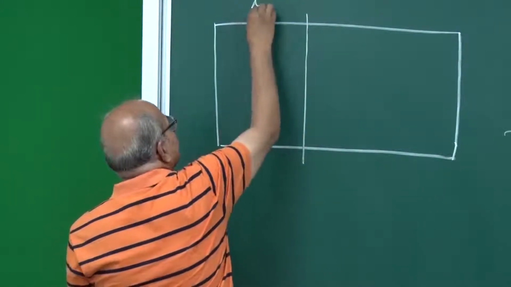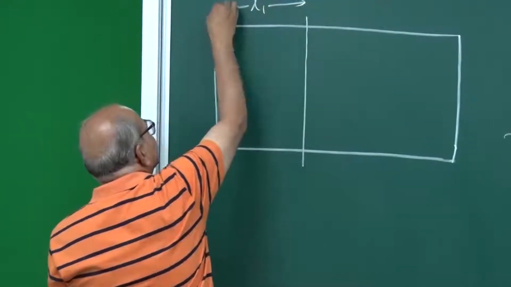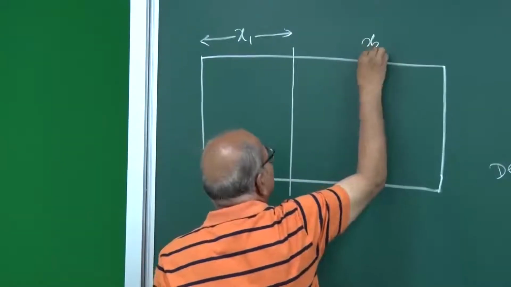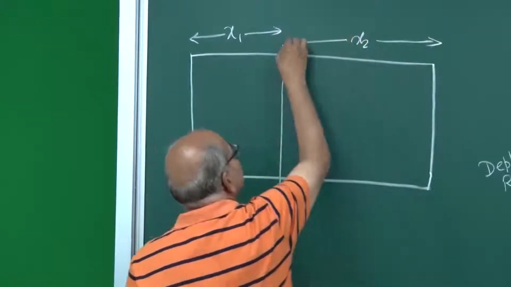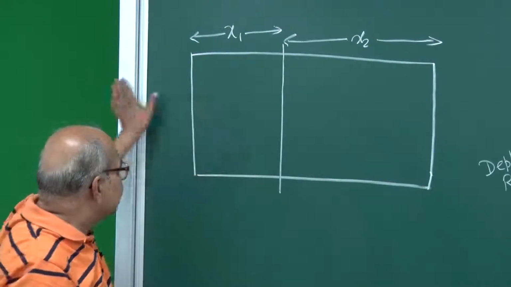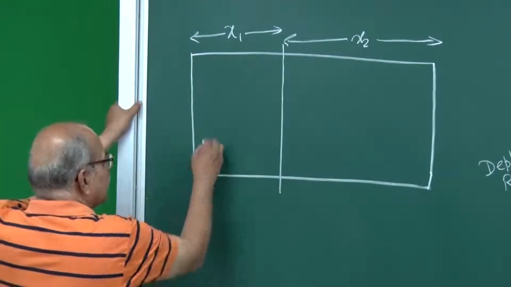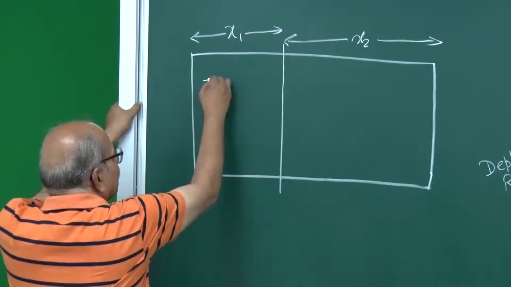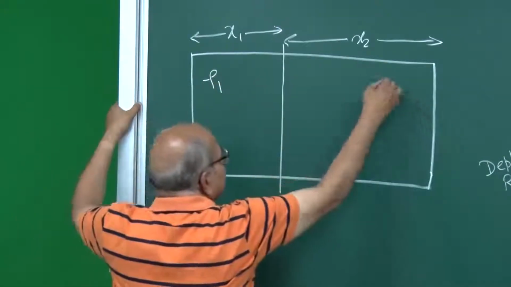So this is x1 and this is x2, and this is the junction. So up to here you have that negative charge minus rho 1. In this whole thing you have minus rho 1, and in this whole thing you have plus rho 2.